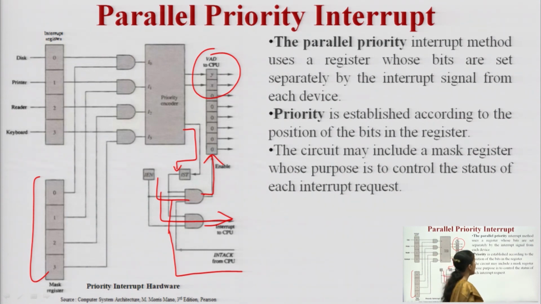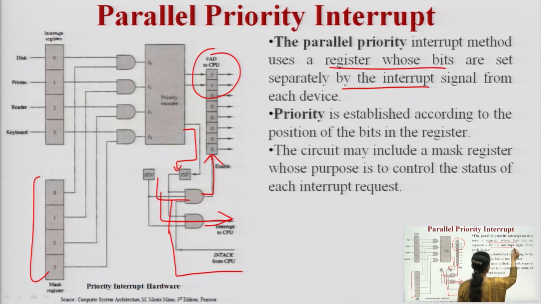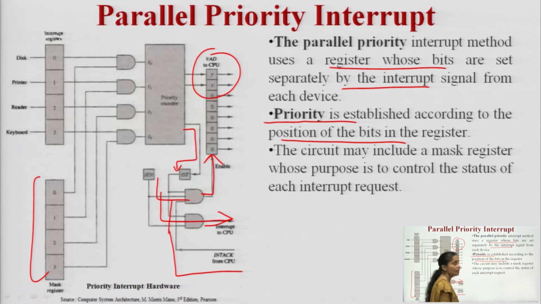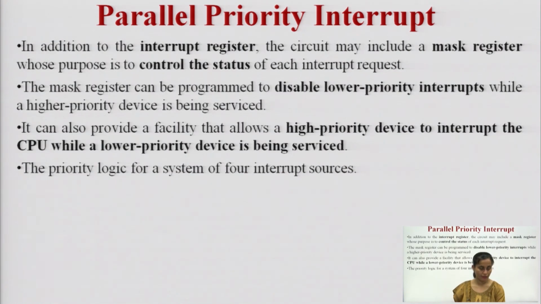It uses a register whose bits are set separately by the interrupt signal from the device. The priority is established according to the position of the bits in the register, and the circuit may include a mask register whose purpose is to control the status of each interrupt request.